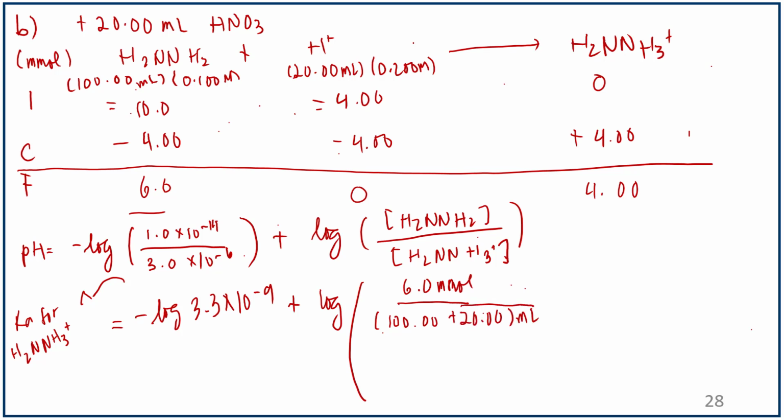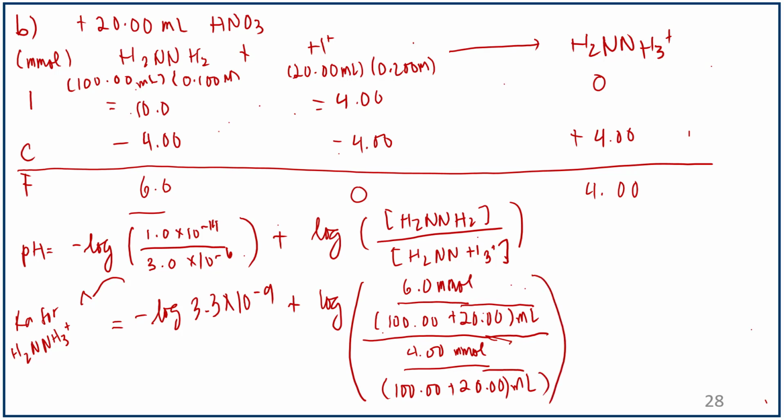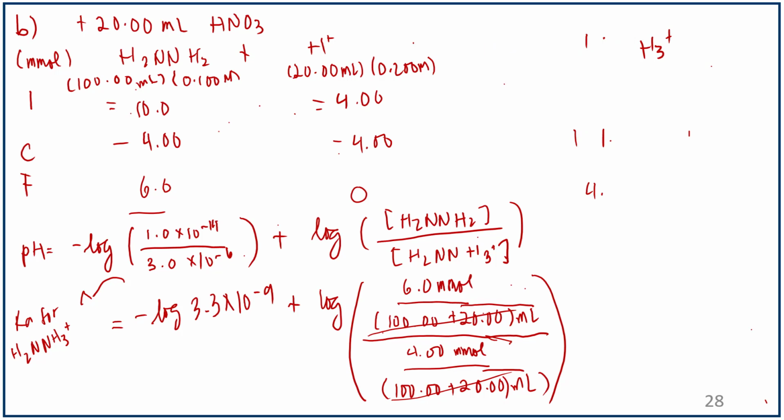That will give us molarity, and then divide it by 4.0 millimoles divided by, again, the total volume of 100 plus 20.00 ml. And we've seen this before already, wherein we can cancel these, and for the ratio of the concentration of hydrazine to hydrazonium, the number of millimoles can actually proxy for that.